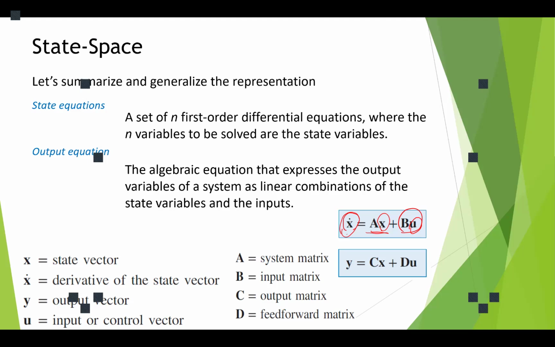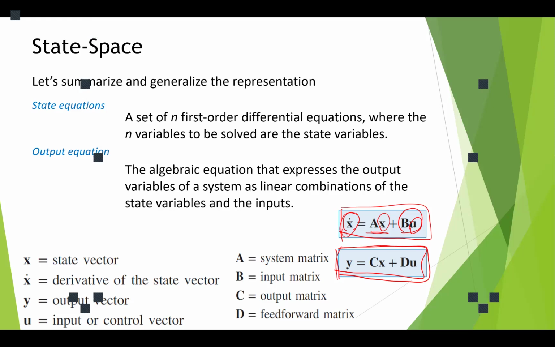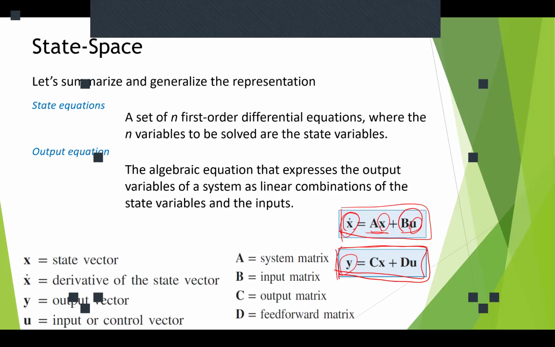Now, the first equation is what governs your system, the model of your system. The second equation is basically your goal of analysis. So for example, you might want to analyze the voltage across a capacitor. That's the output of your modeling. This is going to be your y.